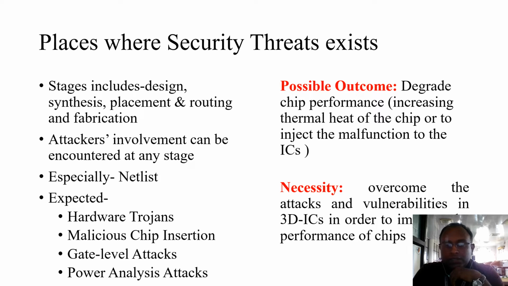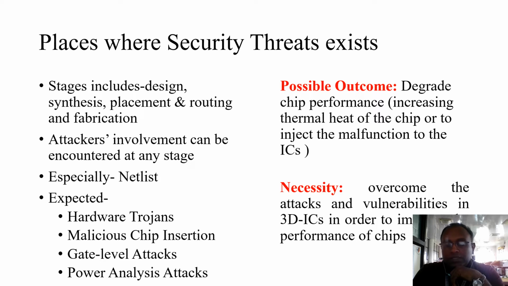Attackers can be encountered at any stage. Especially with respect to the netlist, that is one probable area where this can happen. So we can expect hardware trojans, malicious chip insertions, gate level attacks, power level analysis attacks. Many places we can expect it.